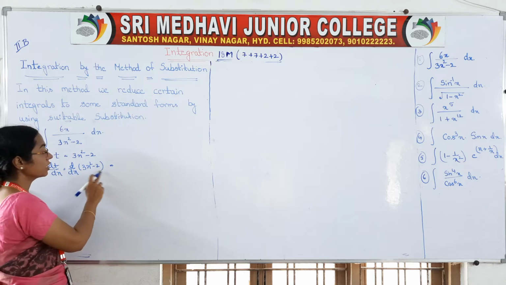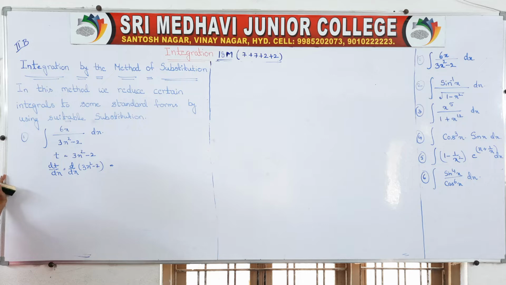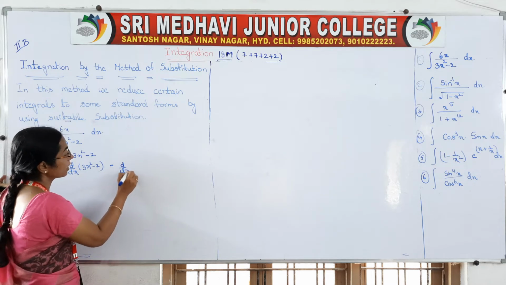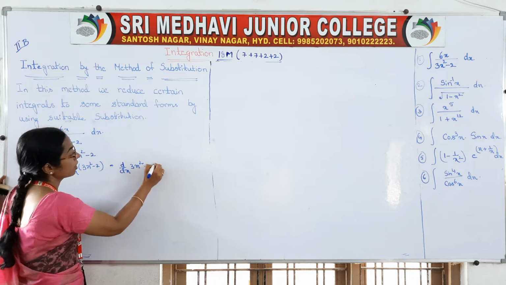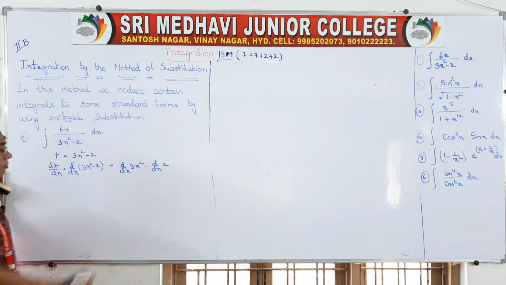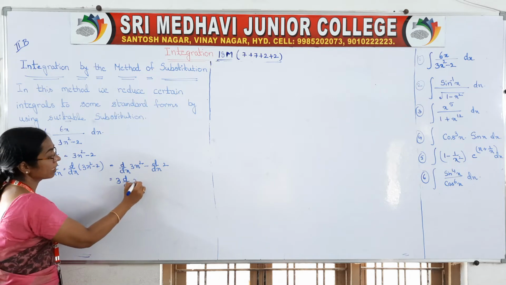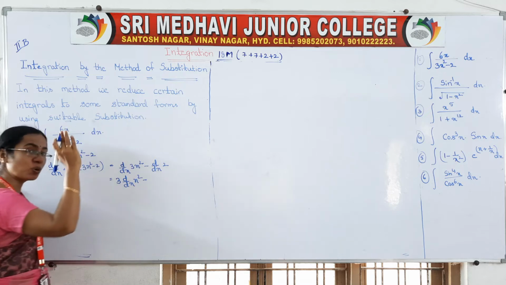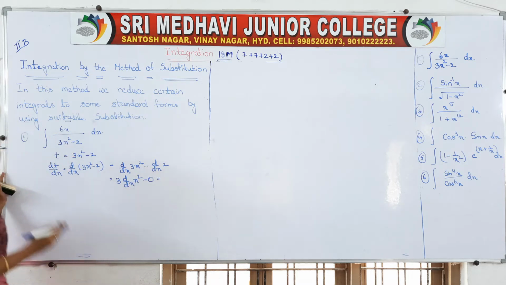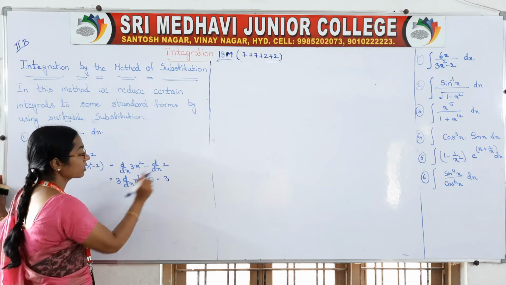In differentiation, whenever plus or minus is there, as I said, we have to take separate derivatives. So it is d by dx of 3x square minus d by dx of 2. Whenever a constant is there, we write it outside: 3 into d by dx of x square.